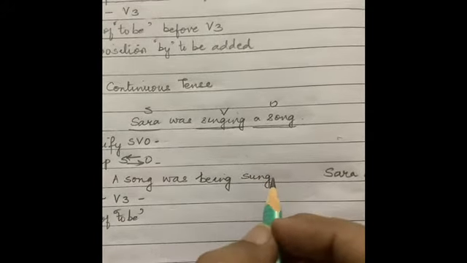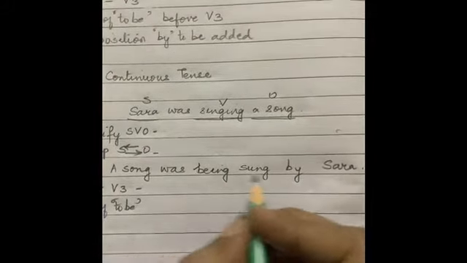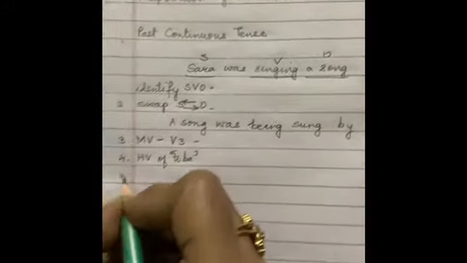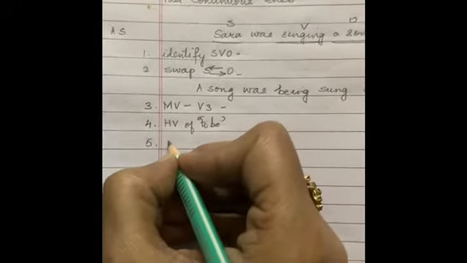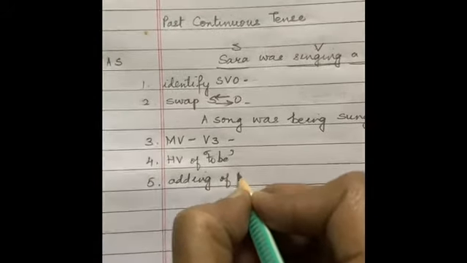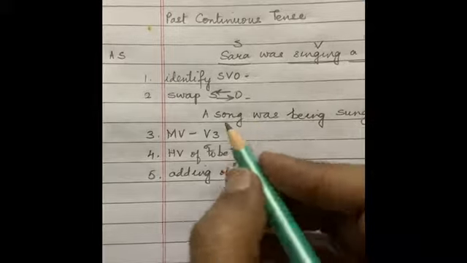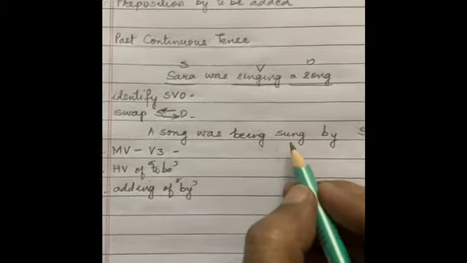Lastly, we will add by here to make the sentence complete. The 5th step, adding of the preposition by. So the whole sentence is: a song was being sung by Sarah.